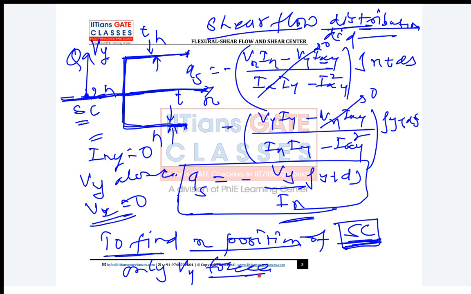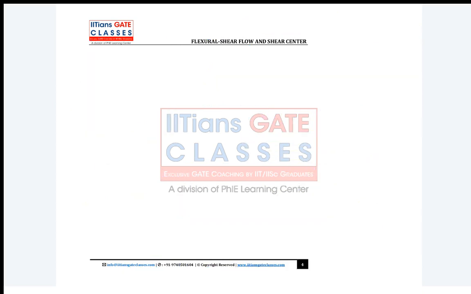If you just have shear force in the vertical direction, you can find the horizontal position of the shear center. Now suppose my given section is like this, symmetric about the y-axis. So the horizontal position will be 0.